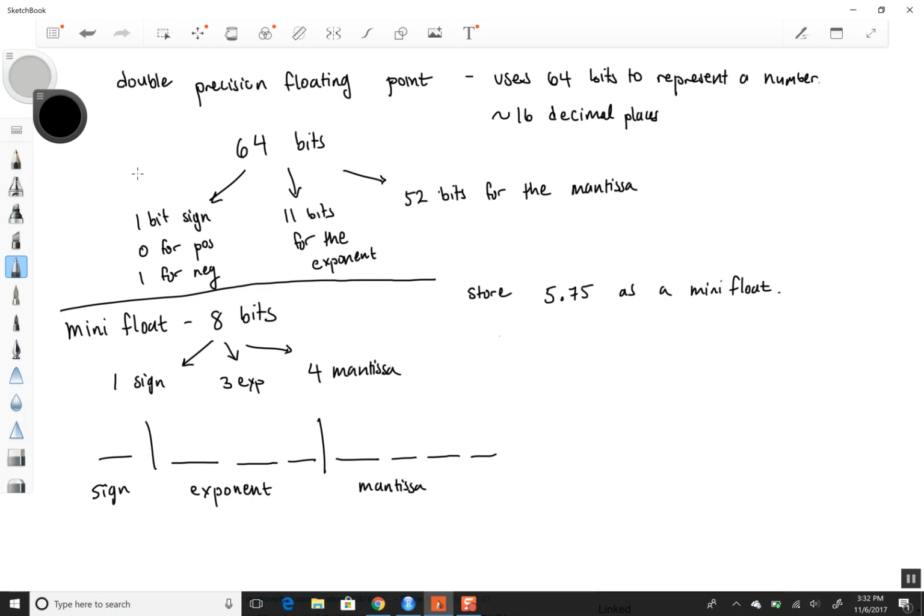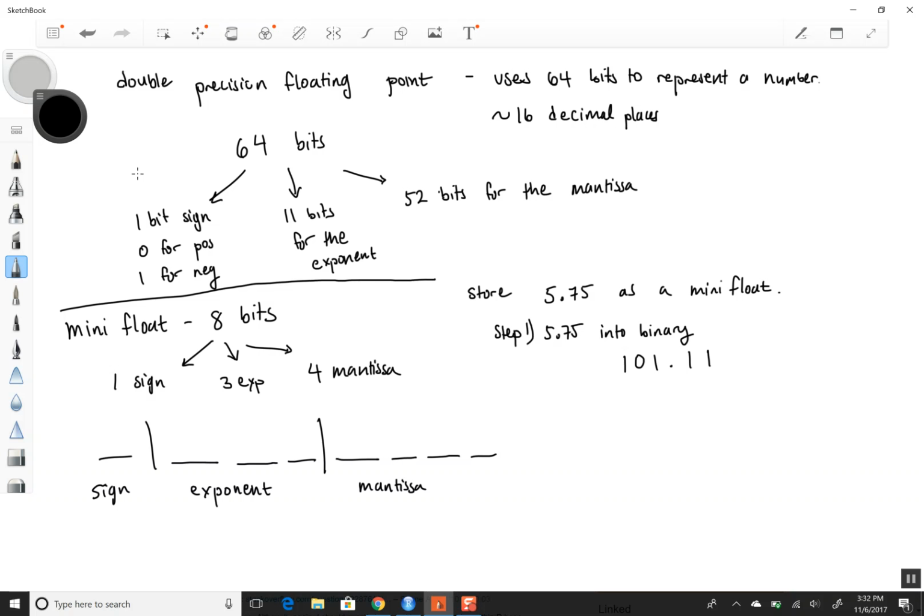What we're going to do is step 1: 5.75 into binary. Okay, so into binary, the 5 would be 101, and then the 0.75 would be 11, right? We get a half, we get a quarter, 101.11 as binary, okay? So step 1 will be putting this into binary.